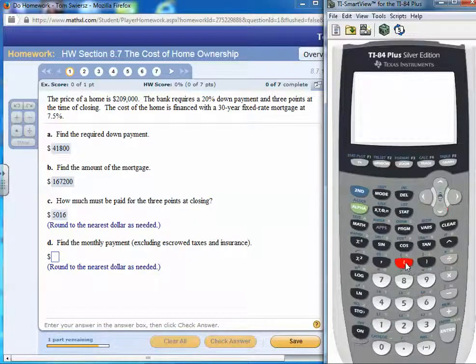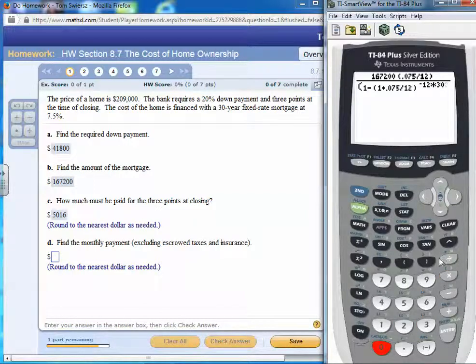The denominator starts with a left paren. 1 minus 1 plus 0.075 divided by 12, r divided by n. Another right paren, raised to the negative 12 times 30.